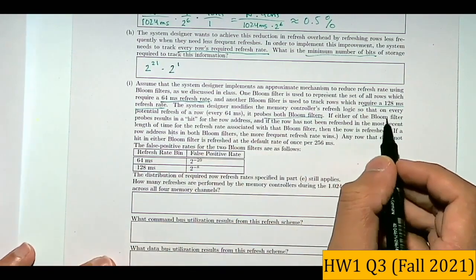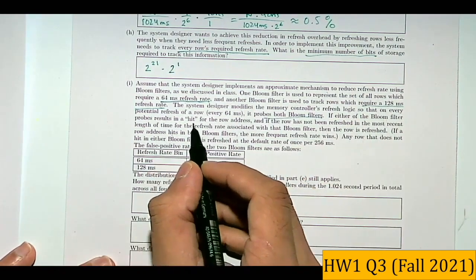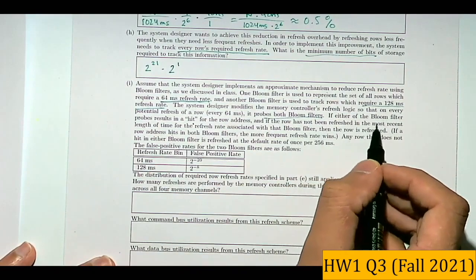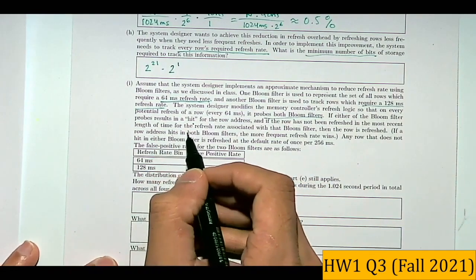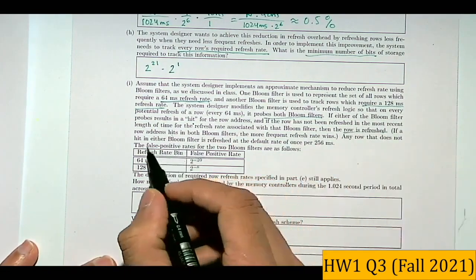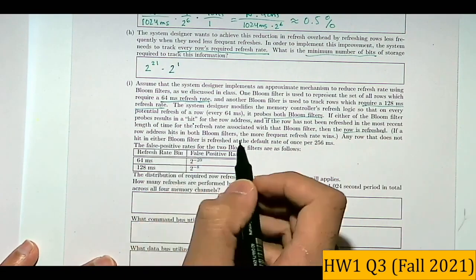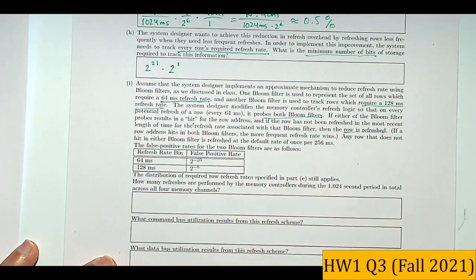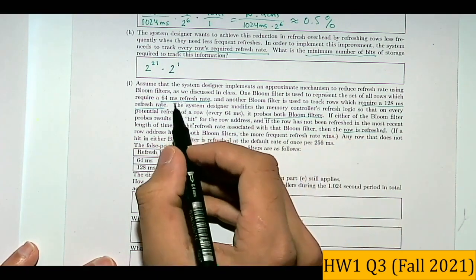If either of the Bloom filters results in a hit, and the row has not been refreshed in the most recent length of time for the refresh rate associated with that Bloom filter, then the row gets refreshed. If a row address hits in both, the more frequent refresh rate wins, so the 64 millisecond Bloom filter has priority.